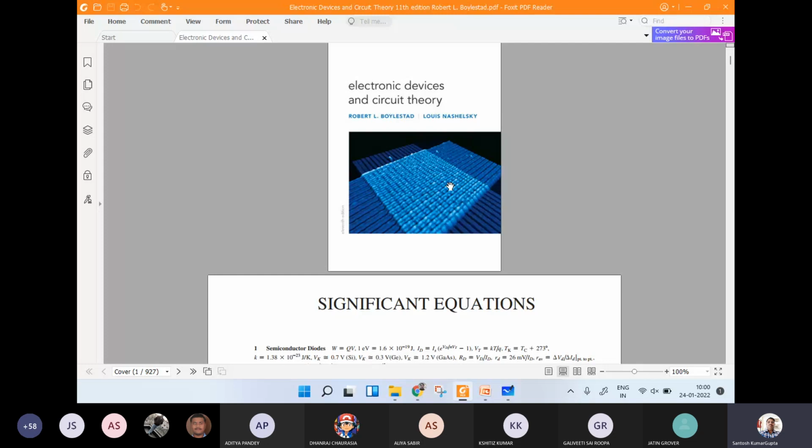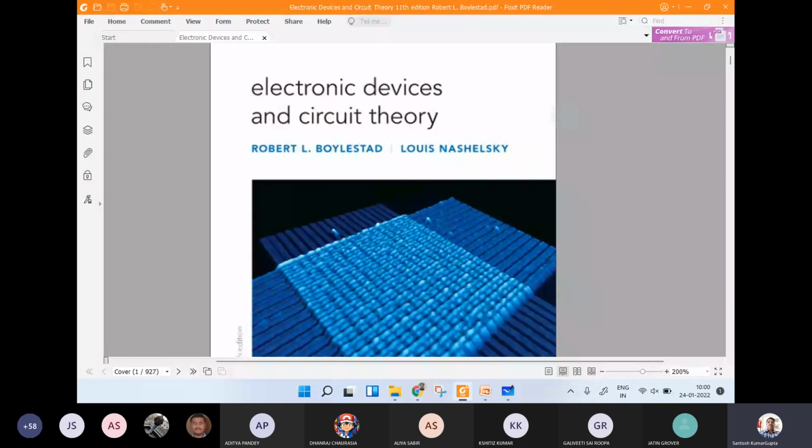Okay, so you can just note down the book here: Electronic Devices and Circuit Theory by Robert L. Boylestad and Louis Nashelsky. You can follow this book and solve some of the problems based on this.